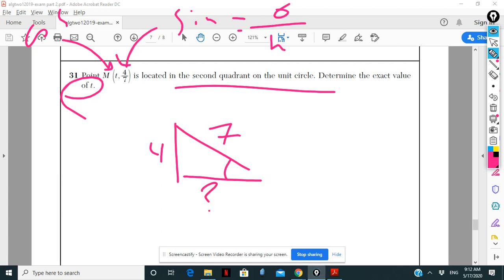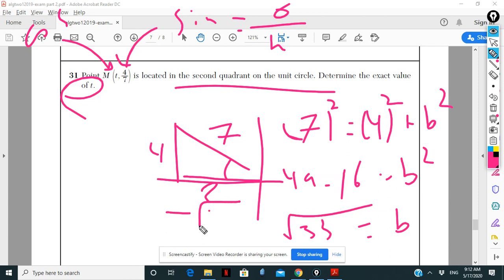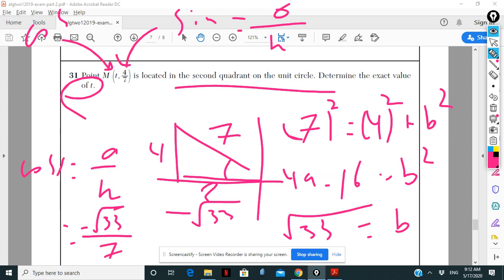I'm missing this one. Using the Pythagorean theorem, 7 squared equals 4 squared plus p squared. So p squared equals 49 minus 16, and from that, p equals radical 33. Since it's in the second quadrant, it's negative radical 33. Now I need the cosine value. The cosine is adjacent over hypotenuse, so it's negative square root of 33 over 7. So this is the value for t.